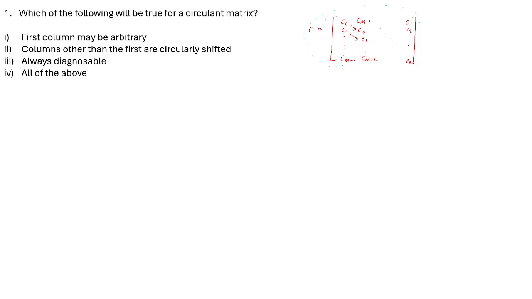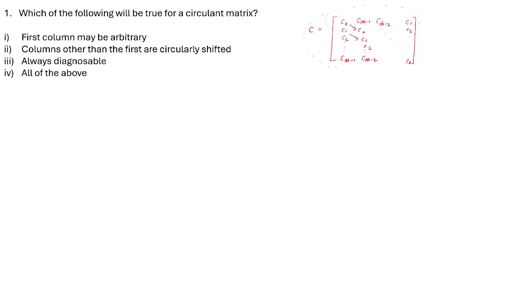Let me add one more element here, C2, then things will become clearer. If you look along this ascending diagonal, the elements are not the same. It's C1, it's Cm minus 1 here. The next ascending diagonal is C2, C0, Cm minus 2.